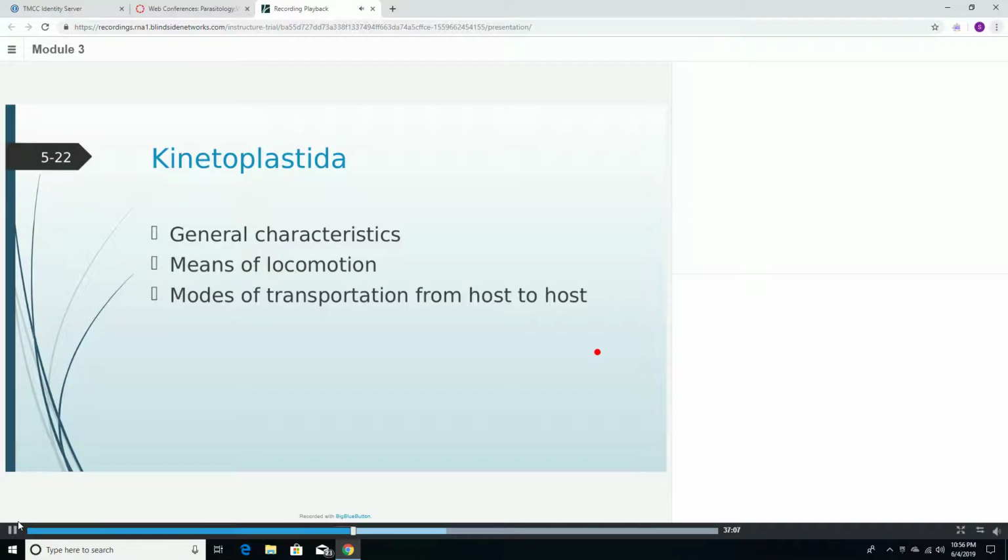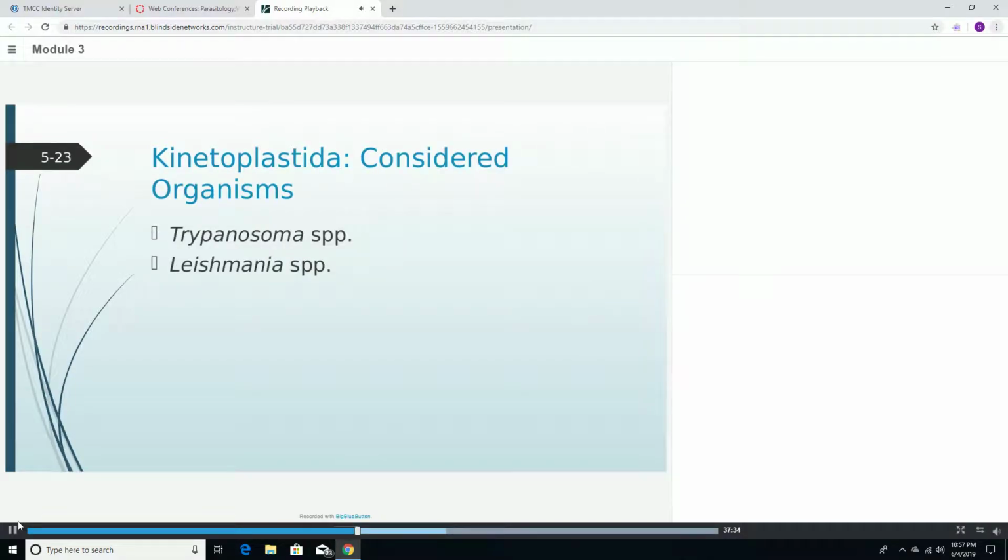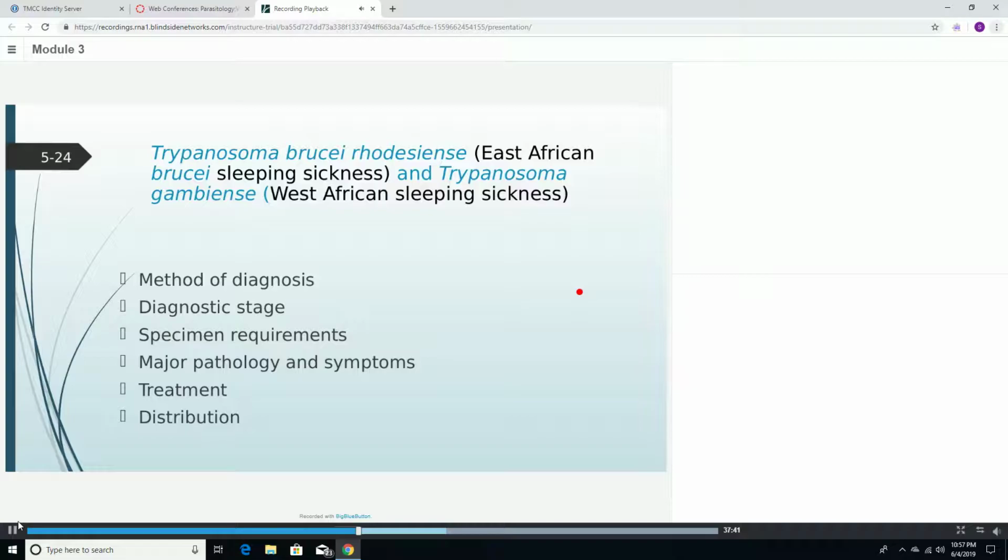The Trypanosoma cruzi is spread by the Triatoma species bug, also known as the kissing bug, reduviid bug, cone nose bug, or the vinchuca bug in South America. So it's important for you guys to know these different types of vectors that are transporting these diseases. So I think before I get into too much detail on these, I'm going to go to the next slide and talk about them specifically. So here again, here are the different species that we're going to talk about in this order.